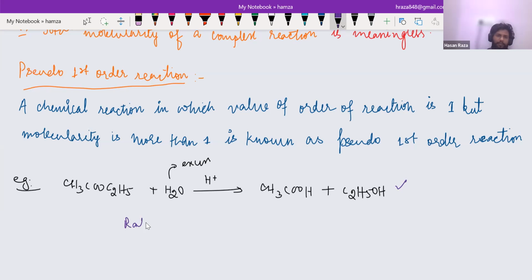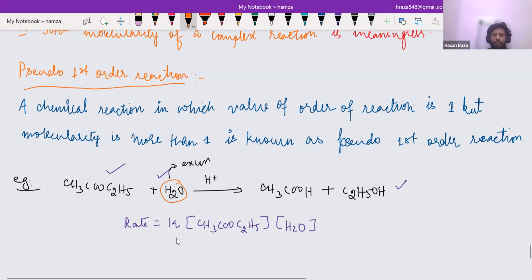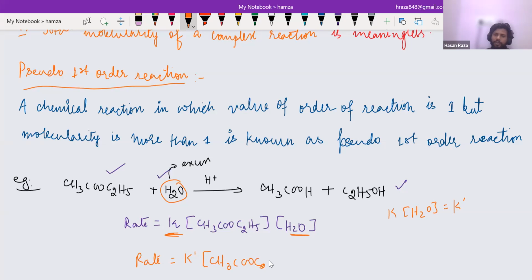If you calculate the rate of reaction, rate will be K into CH3COOC2H5 and H2O. The rate law expression is always in terms of reactants. But since H2O is in excess, we take H2O as constant. So K into H2O will be a new constant denoted by K dash. So rate will be K dash into CH3COOC2H5. Now this is the modified rate law expression.